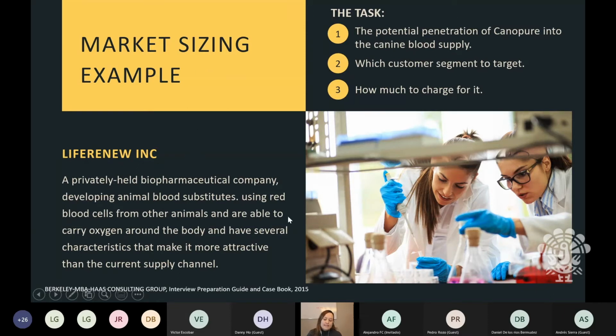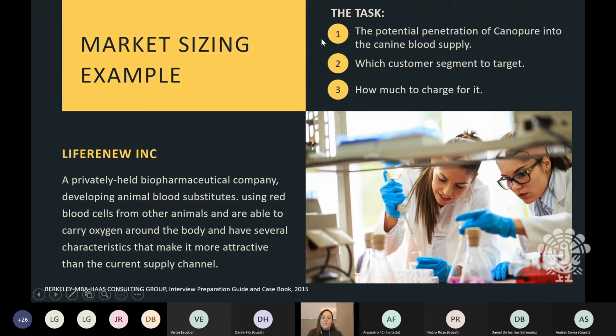This example is about a biopharmaceutical company that makes animal blood substitutes. Instead of actual blood, they make a substitute that can help pets recover from emergency situations or acute blood loss.